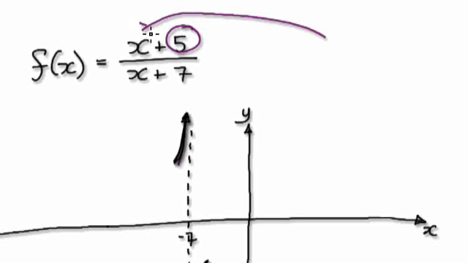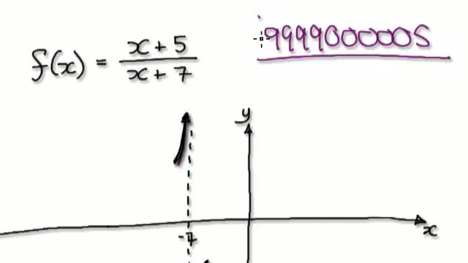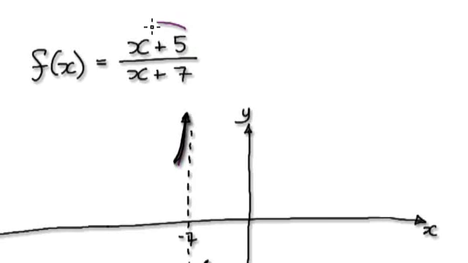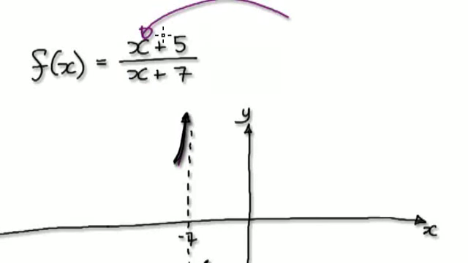If you put 99999, a very very big number here, and then you add an irrelevant amount, yes, it is slightly bigger, but it's nothing in comparison to this whole thing here. The point is that when x is very big, this thing here will be approximately 1. Because if you put a very big number here, you can pretty much ignore these two numbers, they will be irrelevant.